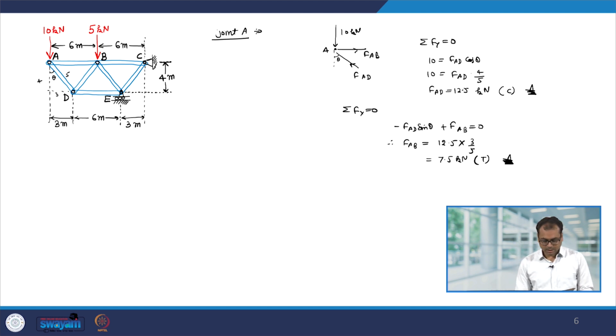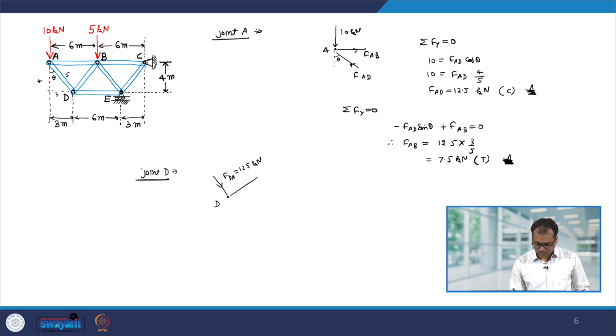Now, let us look at joint D. So, let us make the free body diagram of joint D. So, we have point D and we have a force that is acting along AD. So, we have FDA and its value we have already calculated, it is 12.5 kilonewton.